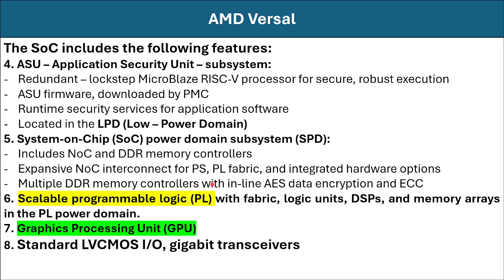Multiple DDR memory controllers, we mentioned that, but this is with inline AES data encryption and ECC. I don't know what ECC means, but AES is a method of encryption, one of the standard methods of encryption in modern days. Even microcontrollers have special cores dedicated for this function.